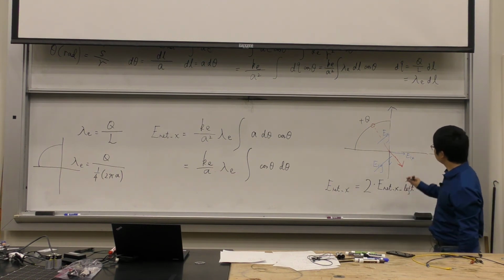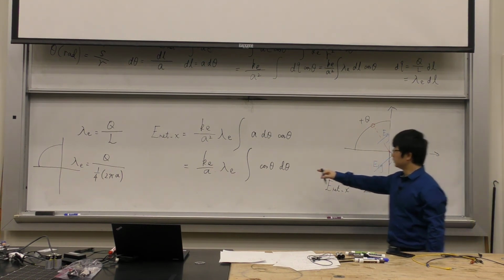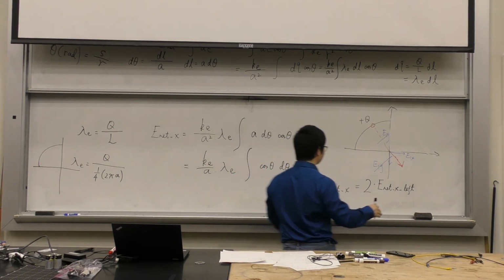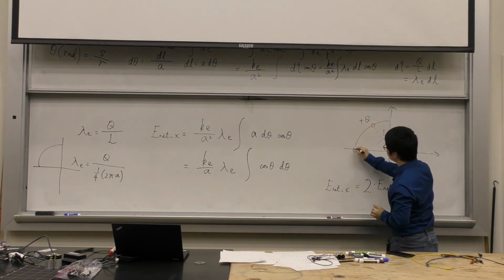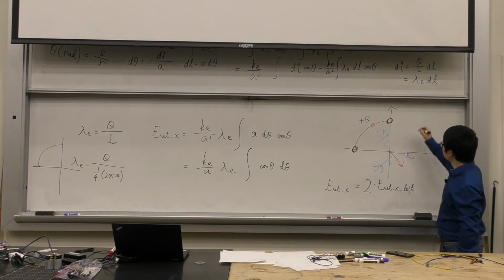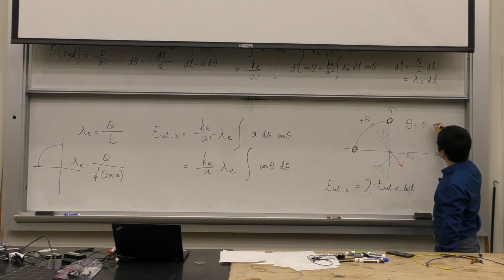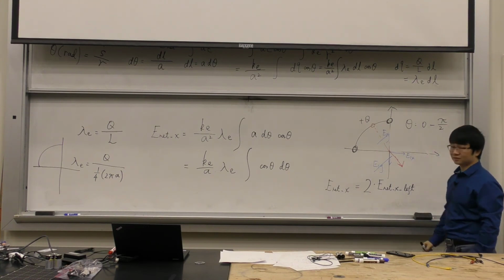Okay? So if I want to figure this out, I would just figure out the bounds of the theta angle from this dq to this dq, right? Those bounds are going to be from 0 to 1/2 pi radians, or 90 degrees.